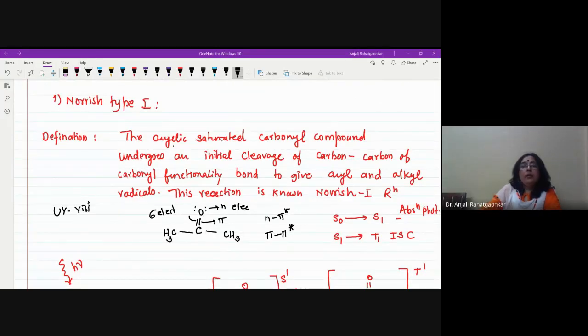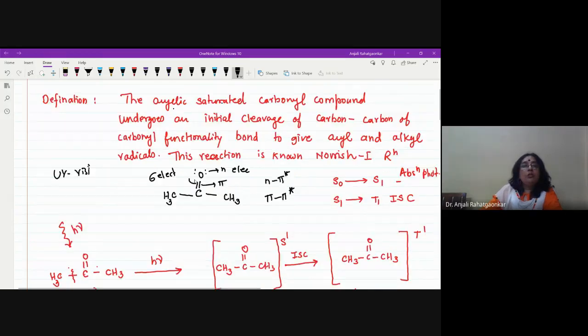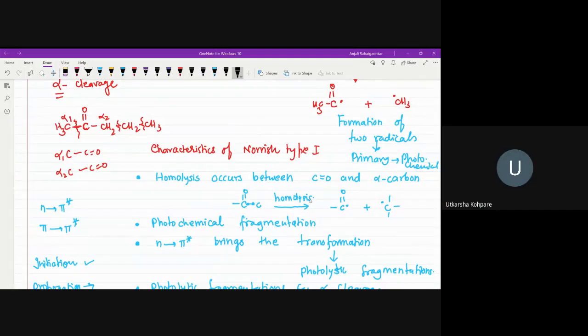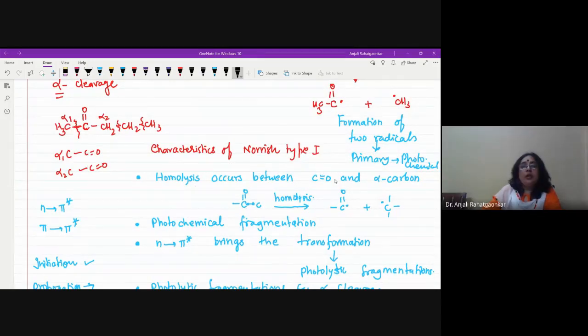So let us summarize the Norrish type I reaction. Under homolysis, there is a cleavage between the carbon of the carbonyl compound and the alpha carbon, so it is called alpha cleavage, which is very, very important.